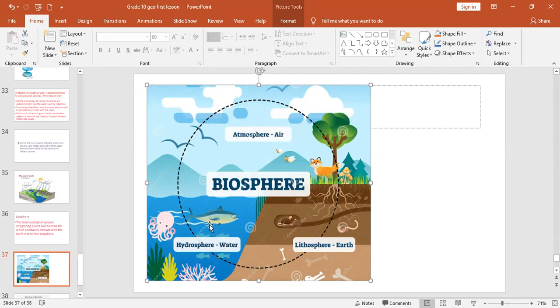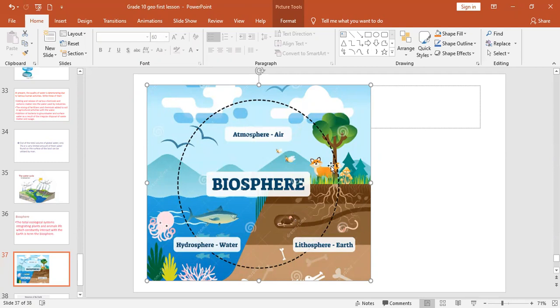In the hydrosphere there are living things. There are various types of aquatic life. In the atmosphere we can also see birds and bees, and various types of animals.